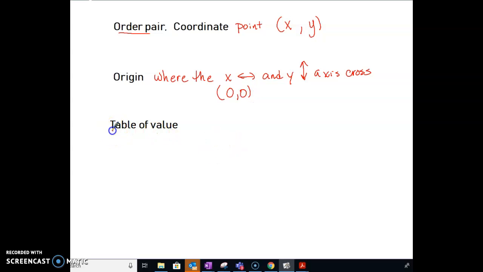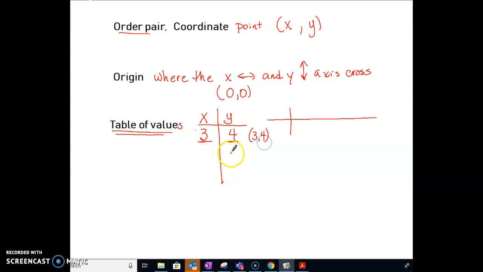When we get more into graphing, we're going to use a table of values. It can be a vertical table of values, or it could be a horizontal table of values. The left side is the x and the y values, so it will give you an ordered pair. This is going to be the x, this is going to be the y. So if they said 3, 4, you would plot x equals 3 and y equals 4.